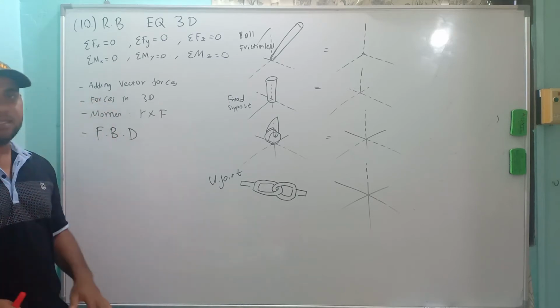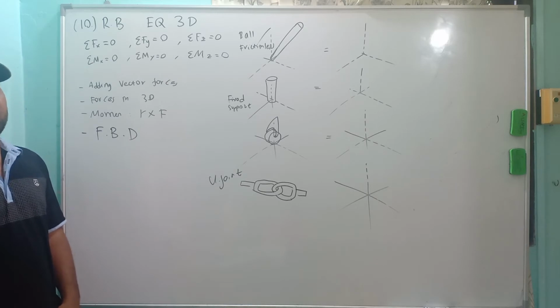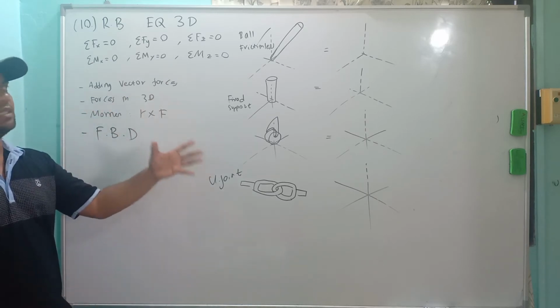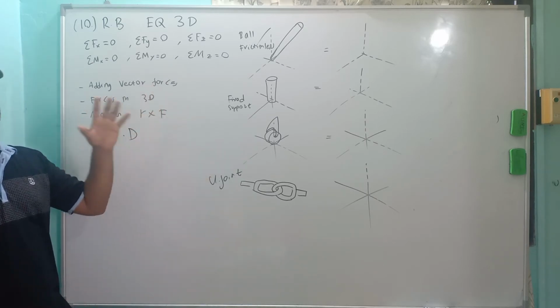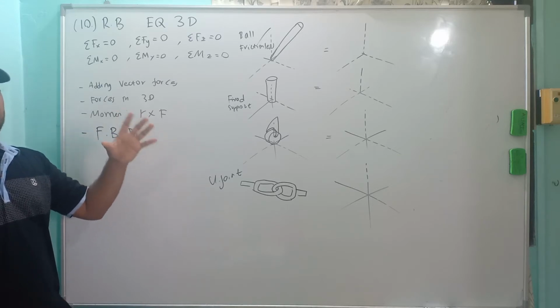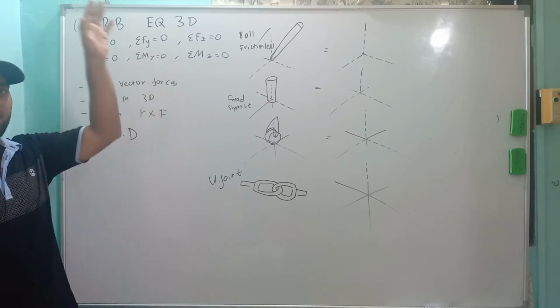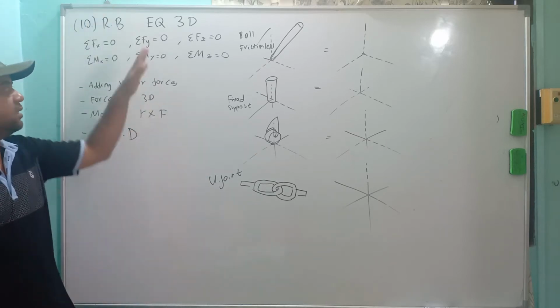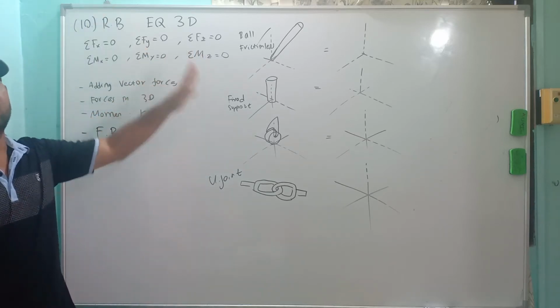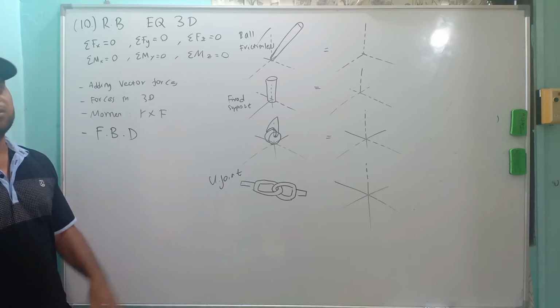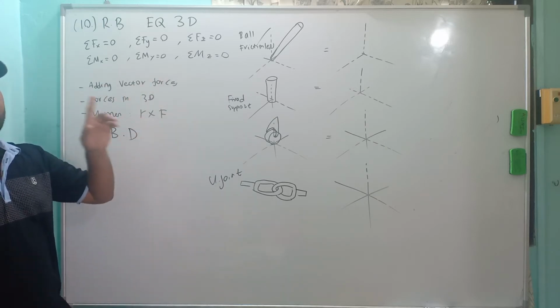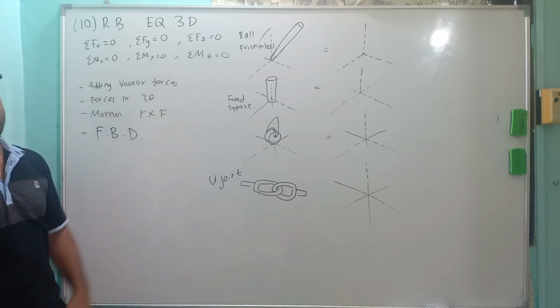There are several moments because there are several forces on this rigid body. You add up all the moments in the x direction, y direction, and z direction to become 0. So it is actually moment about a point, not moment about an axis.